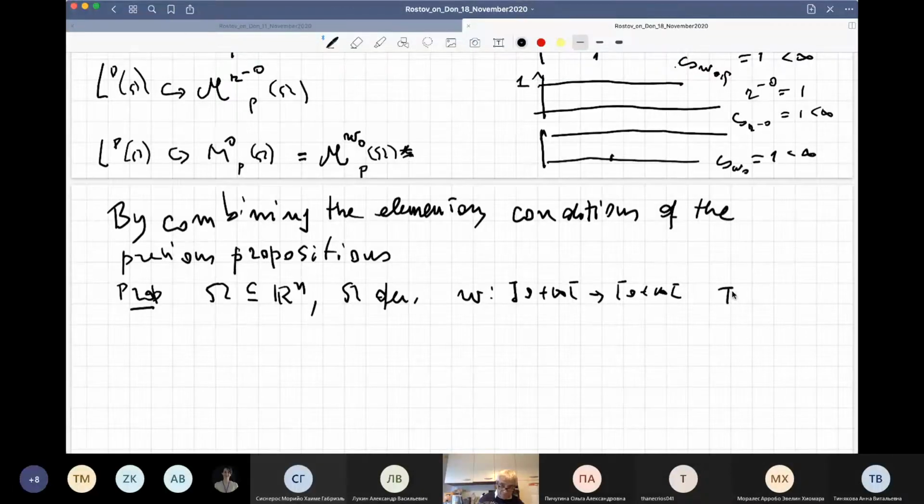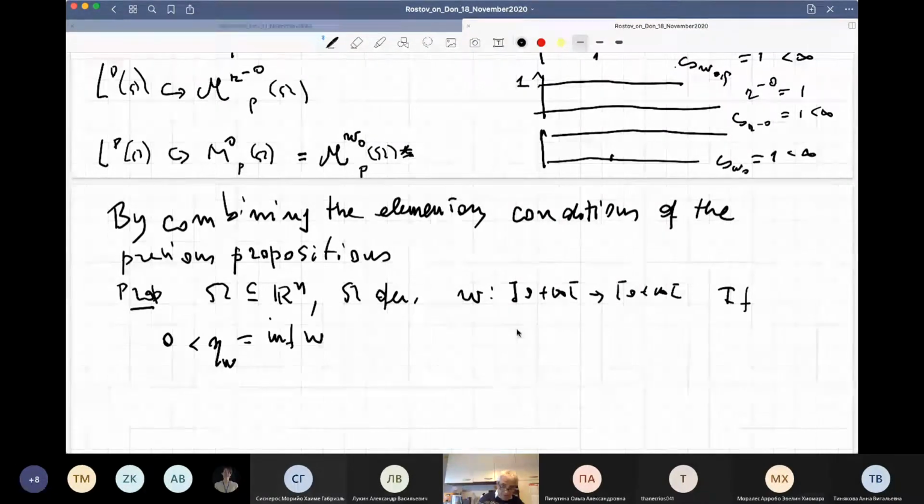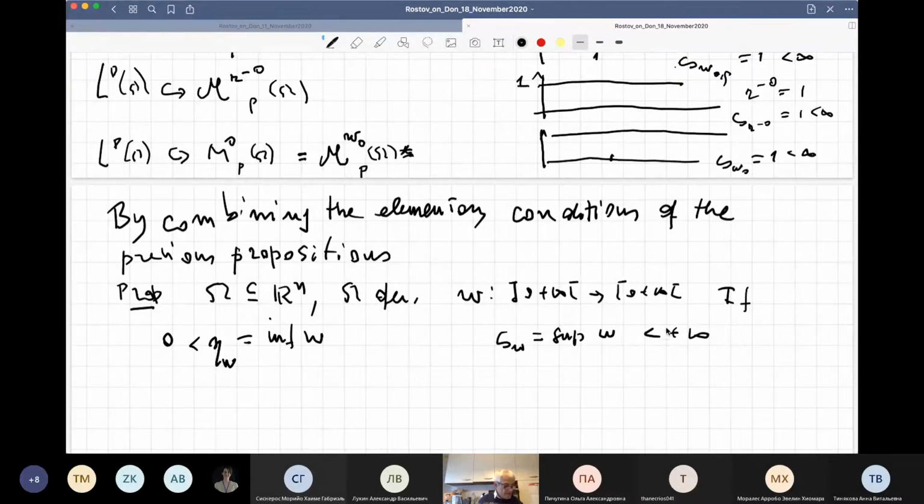If we have that eta W is greater than 0, this was, I remind you, the infimum, and if the supremum of W, which is sigma W, is finite, if both of them are satisfied, then you remember one of them corresponds to one of the inclusions, and the other one to the reverse inclusion.